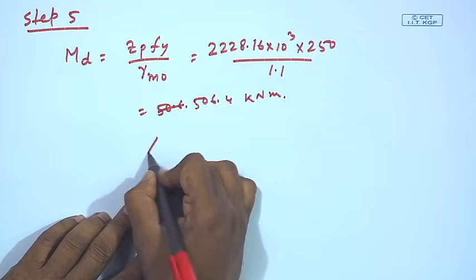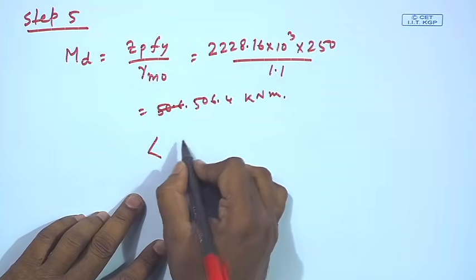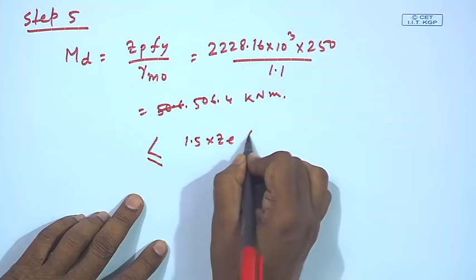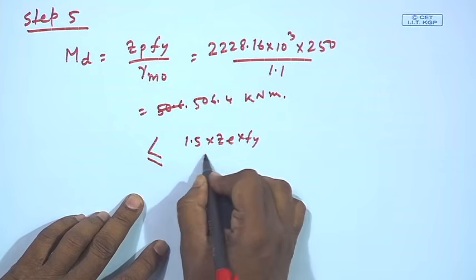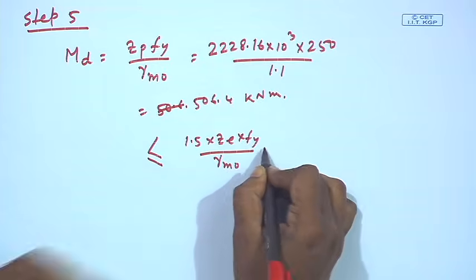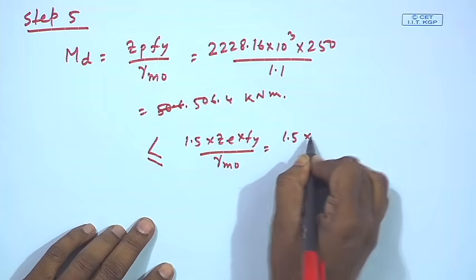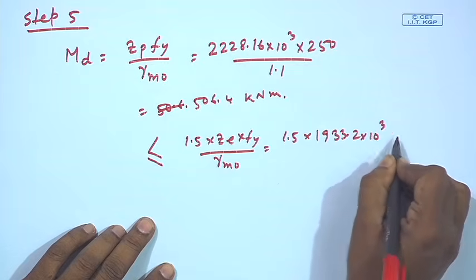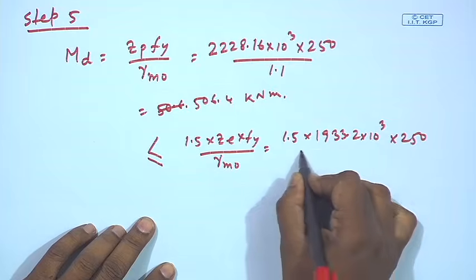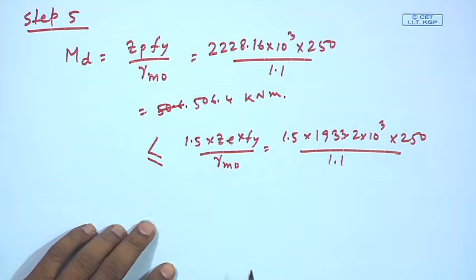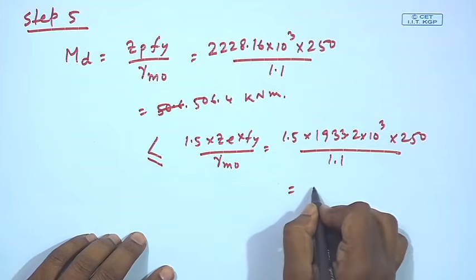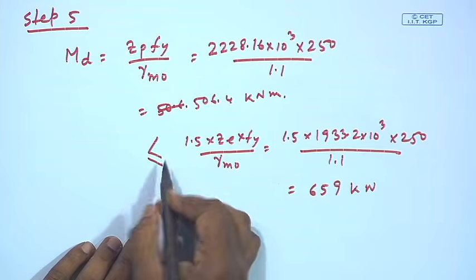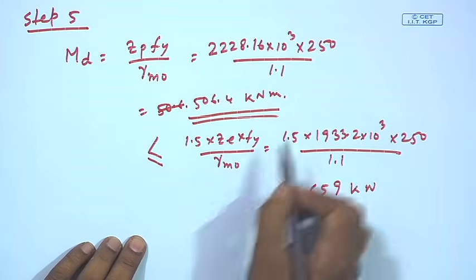and it has to be less than, as it is a cantilever beam, less than or equal to 1.5 Ze into Fy by gamma m0, that is 1.5, Ze is 1933.2 into 10 cube into 250 by 1.1, right, that is 659 kilonewton meter. So, Md is less than this.